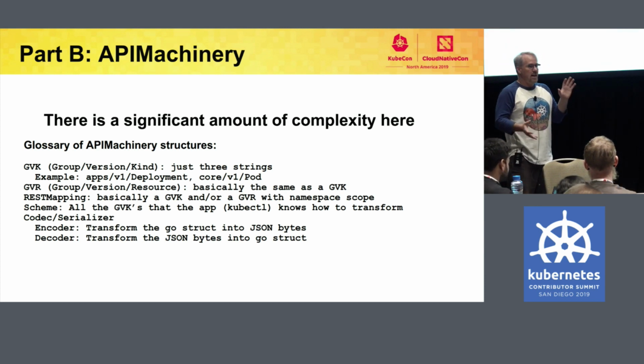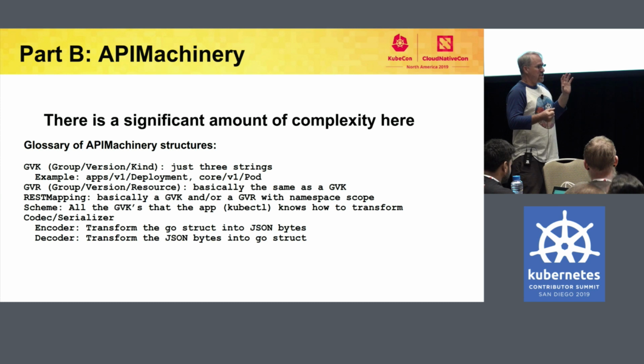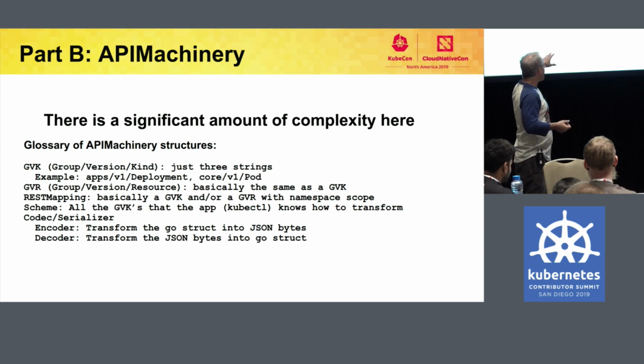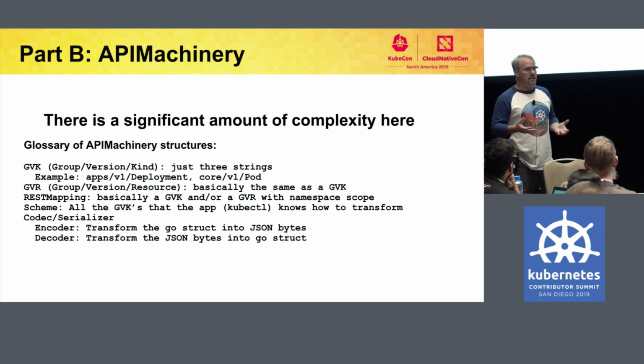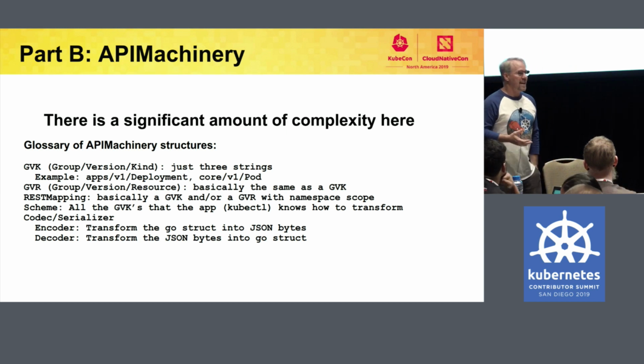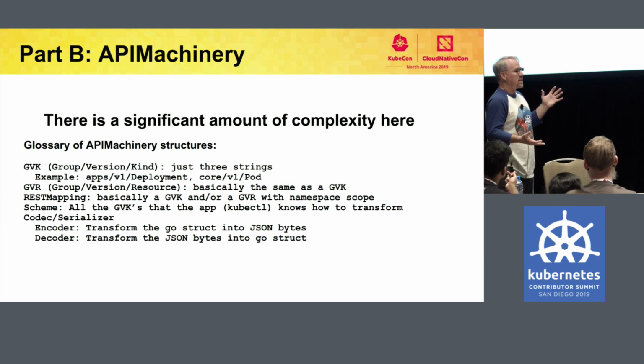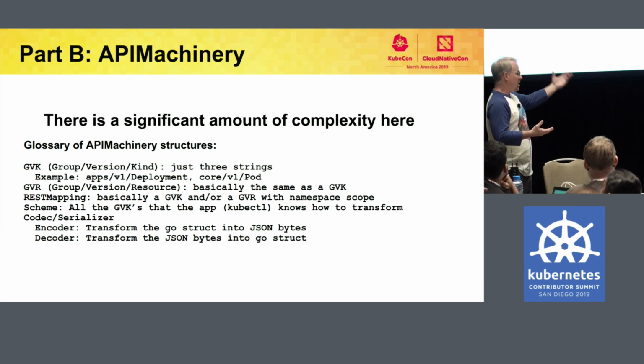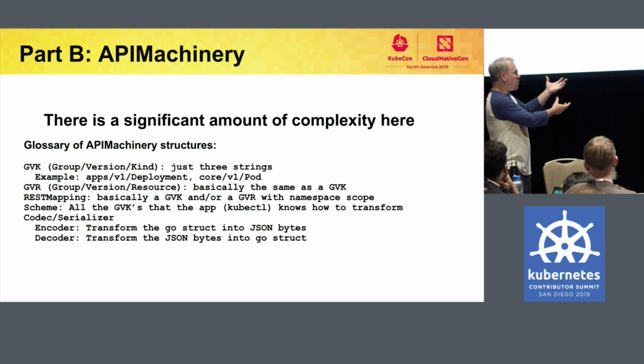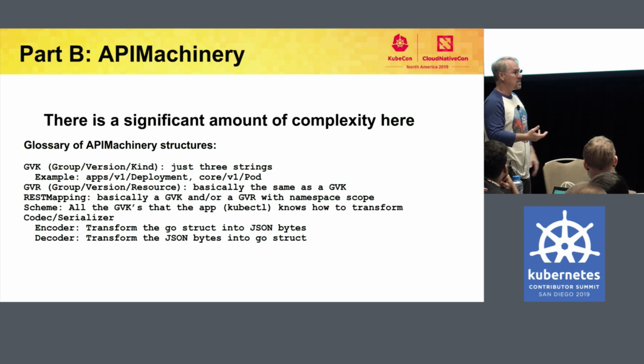I put some examples there like apps v1 Deployment or core v1 Pod. If you look at the code, it ends up being just three strings: a group, a version, v1 or v1alpha1, v1beta1, and then the kind, which is Pod, Deployment, ComponentStatus.